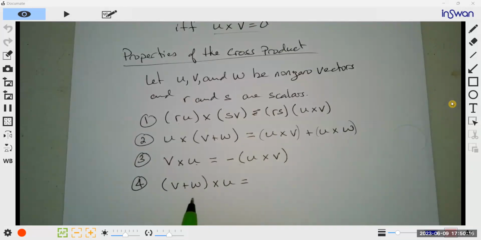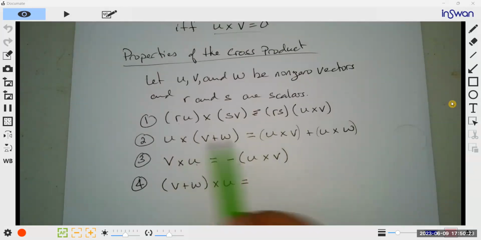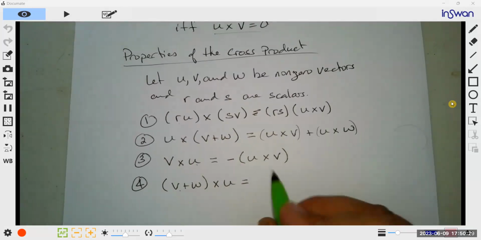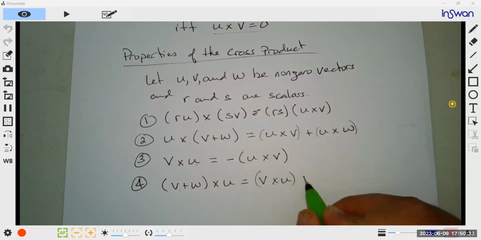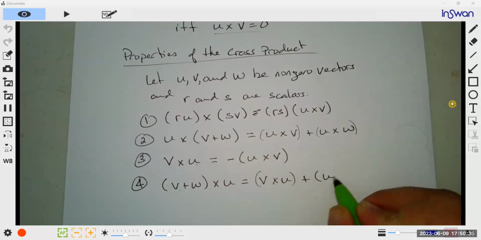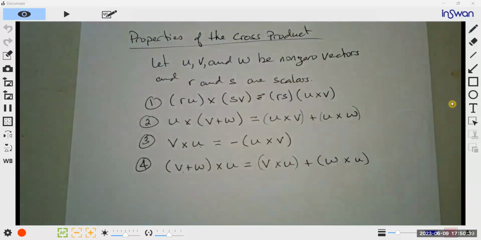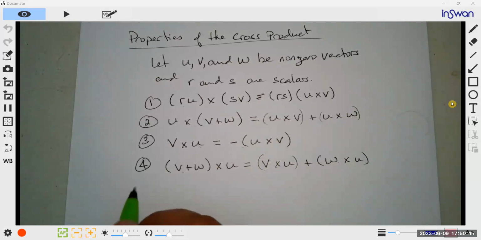So (v plus w) cross u is similar to what we have up here. It's v cross u plus w cross u. So this one's going to be the negative of u cross v, and this one's going to be the negative of u cross w.